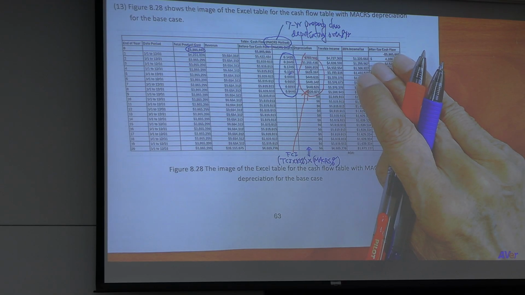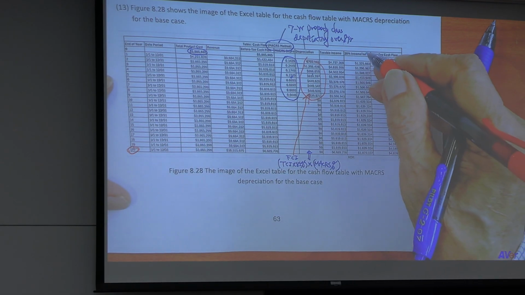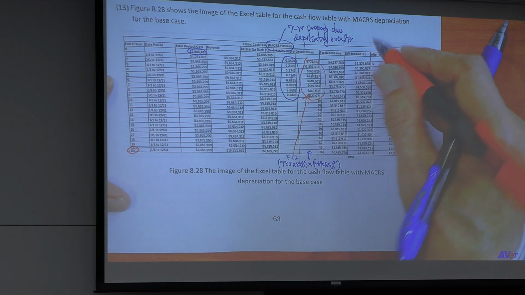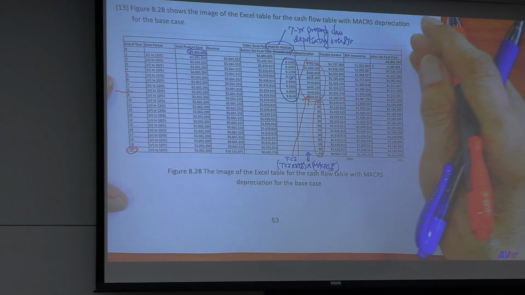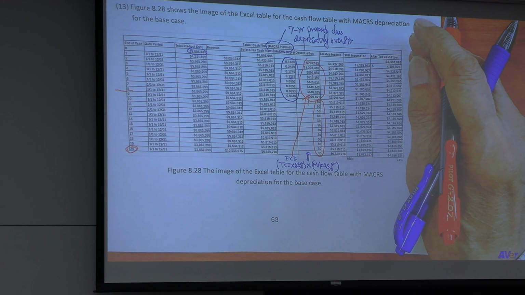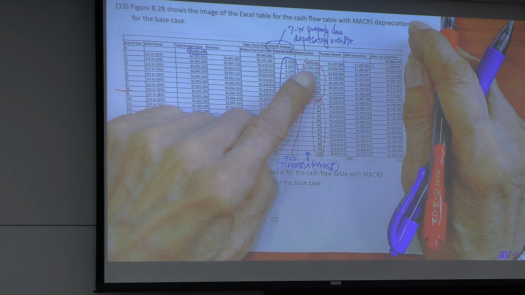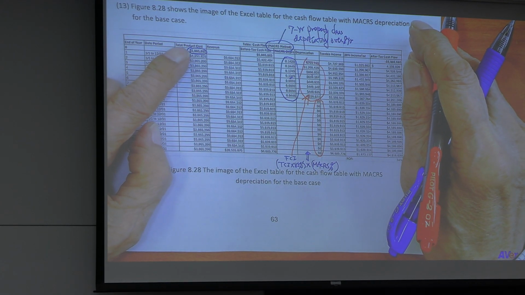Your project has a project life of 20 years. What do you do after year 8? No more depreciation. What does that mean? You do not need 20 years to recover all your FCI, process equipment costs.